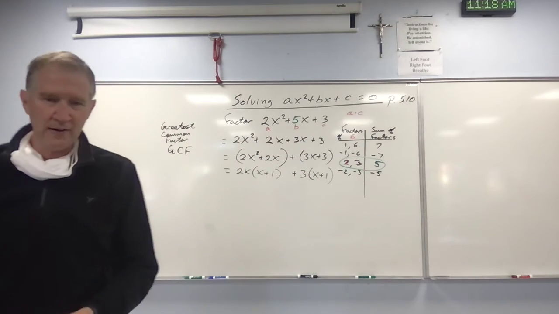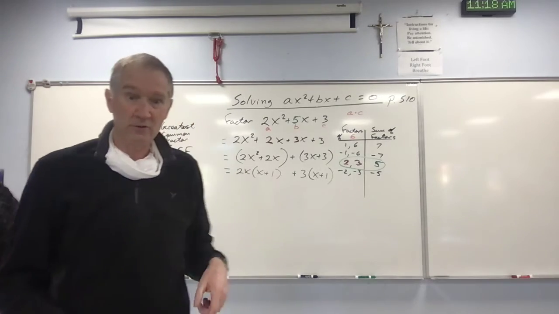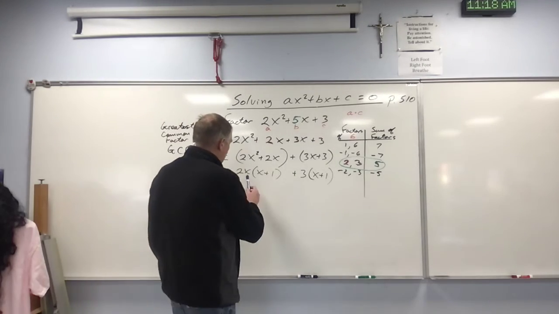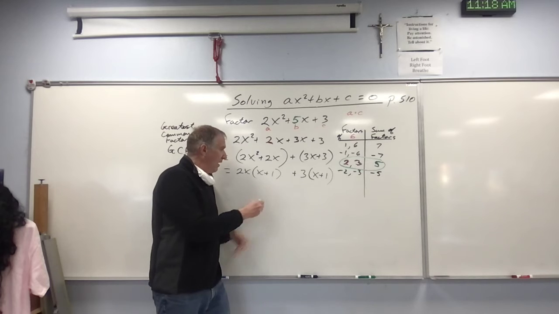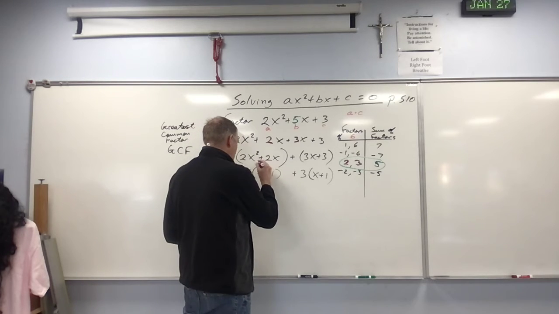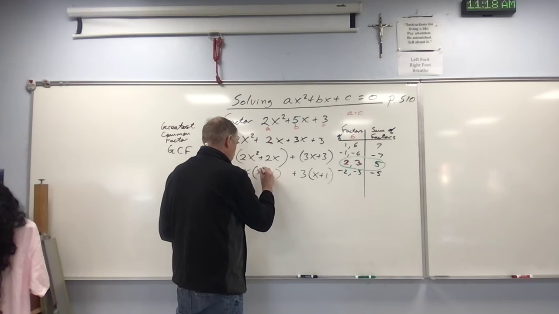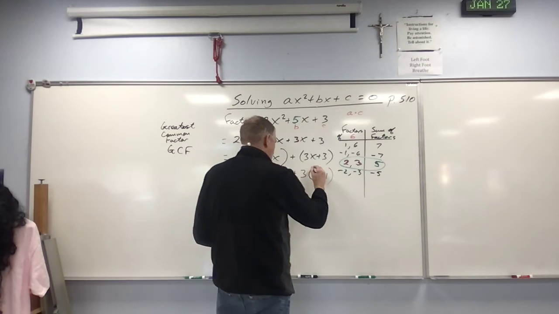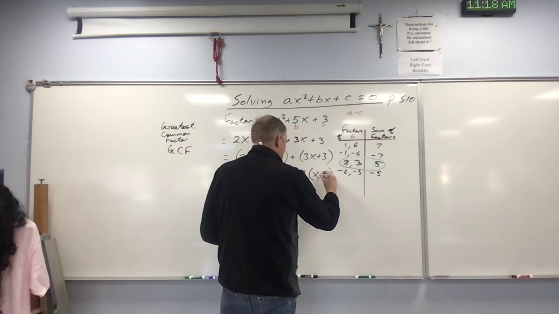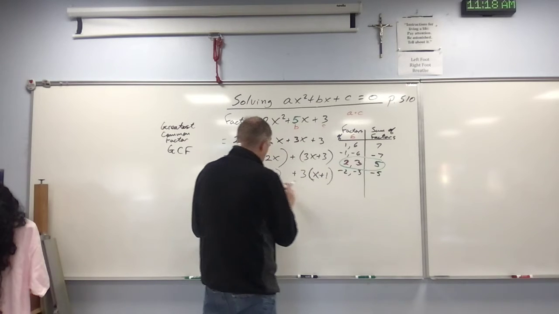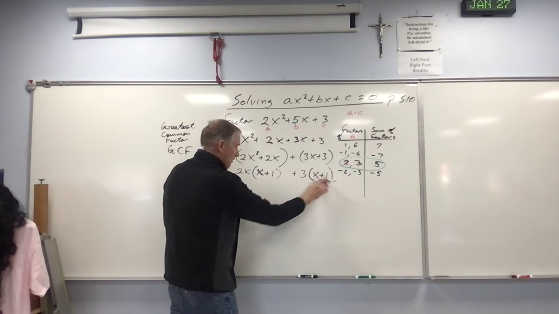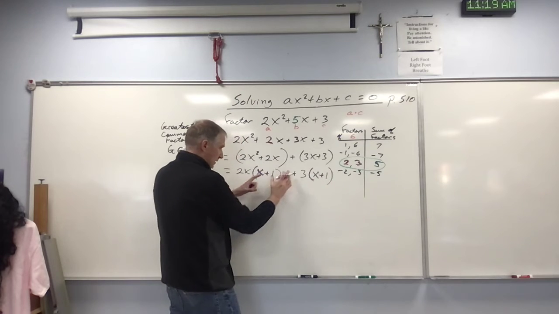Why do we do this? I know there are other ways to factor, but that's not the point of this lesson. Notice now that we have x plus 1 and x plus 1. These are common factors of this whole thing.